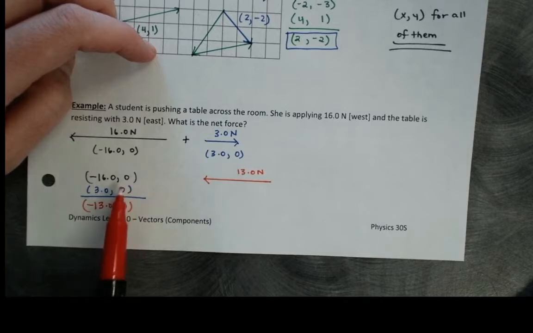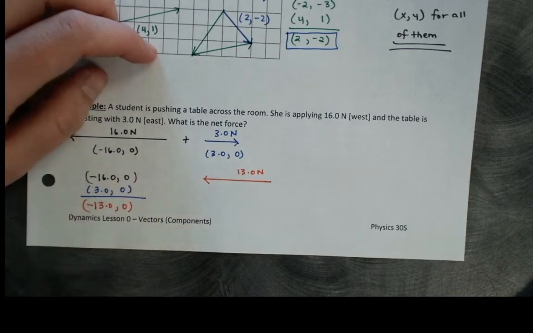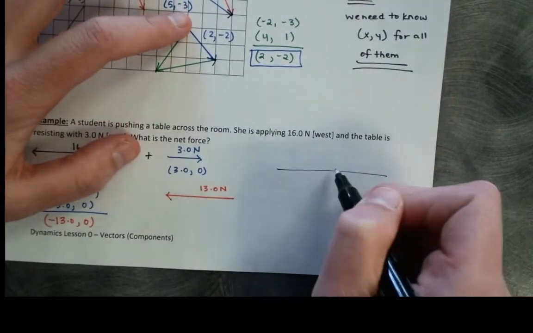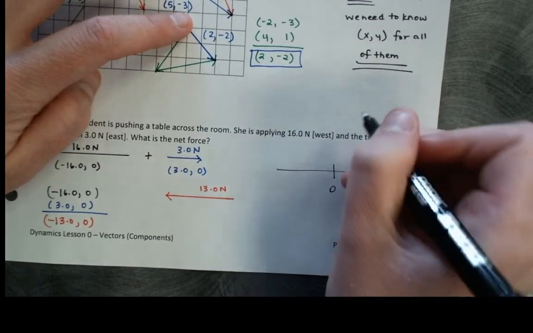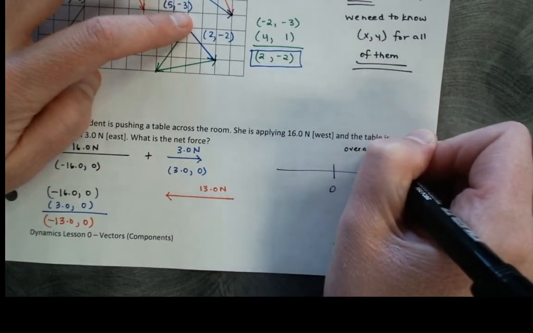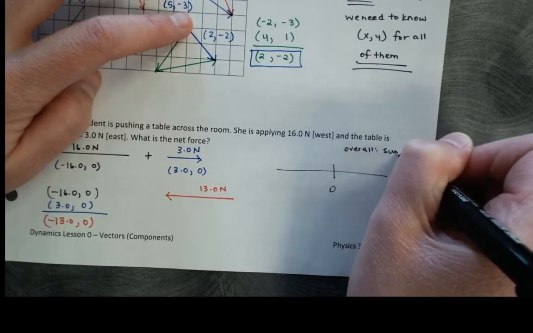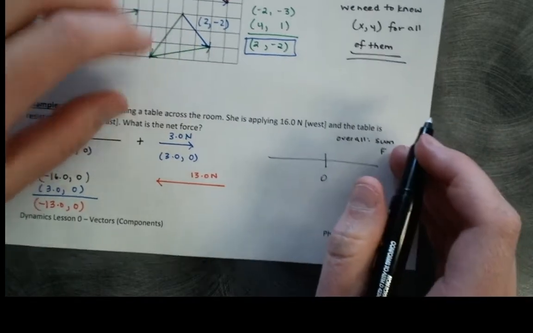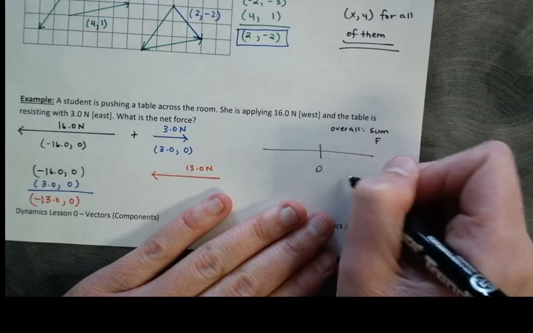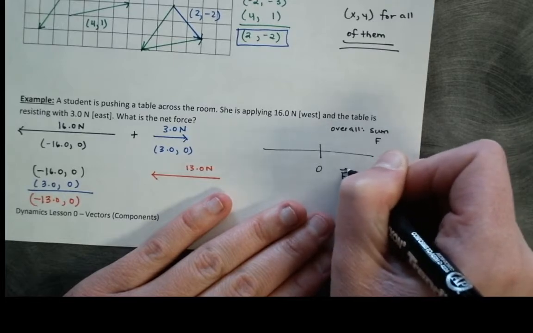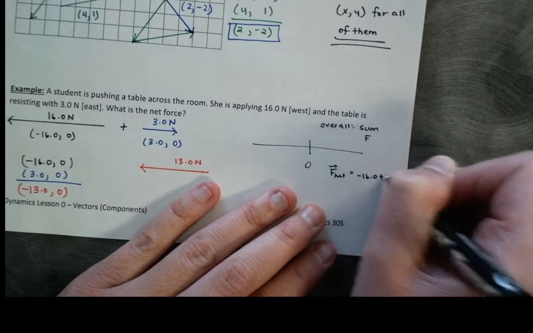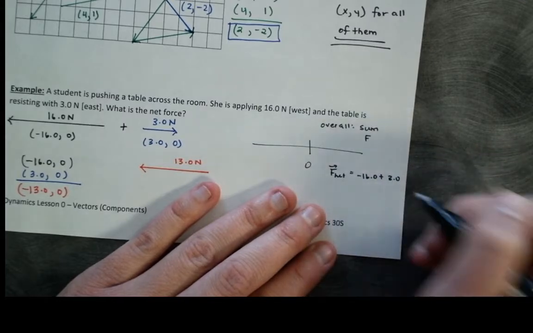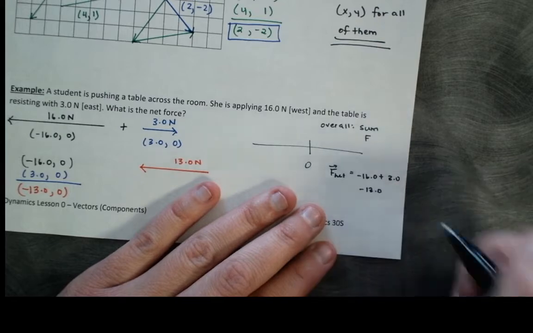When you have components that are 0, you don't really have to do it formally this way. We could think of this as a number line, right? If we want to find the overall, we sum the forces. We have a force to the left. Our net force would be negative 16 plus a 3. Negative 16 plus 3 is negative 13.